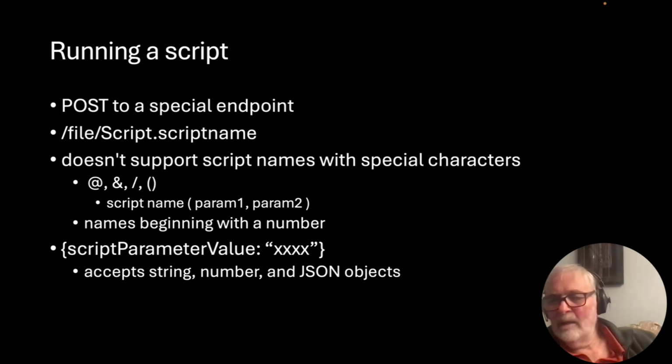Yes, but if we're doing work with OData, we're going to want to set up things in our file that we know will work without any complaint. Okay, so yeah, a script that starts with a number also won't work.